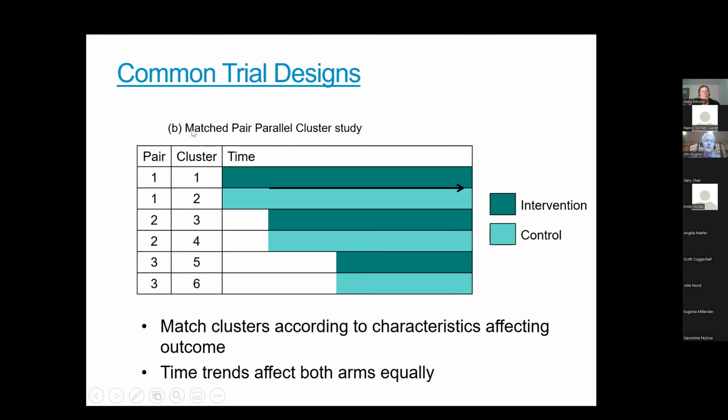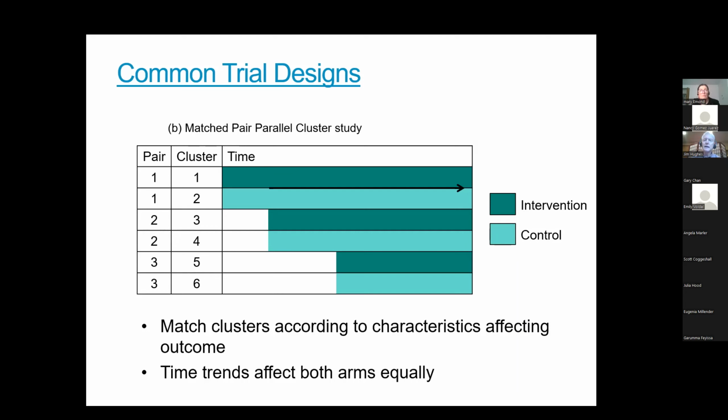So you might want to match rural clusters together and urban clusters together, or large health clinics together and small health clinics together. Anything that you want to make sure is evenly matched between the intervention and control arms, you would try and match your clusters on that.